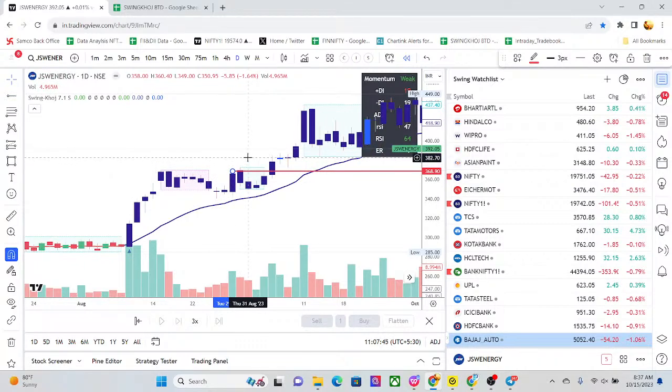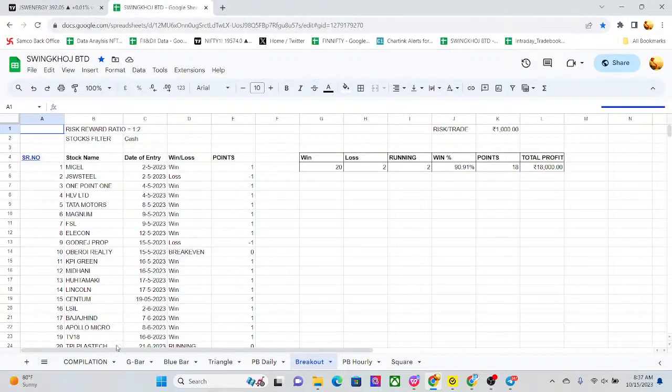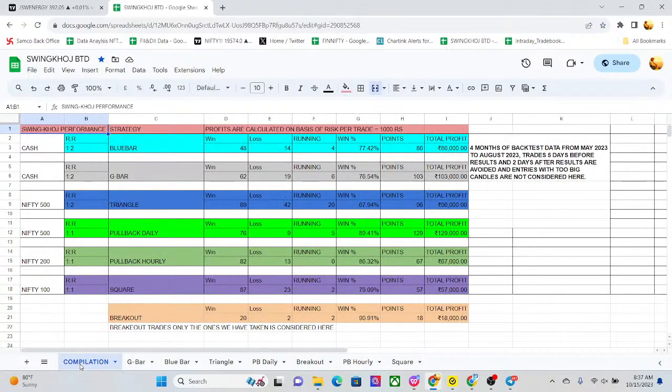So what we have done is we have this sheet here with all strategies. You can see the win percent of the blue bar is 77%, G bar is 76%, triangle with 1:2 is 68%.